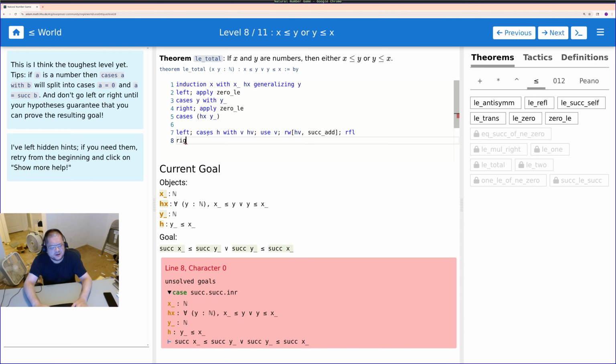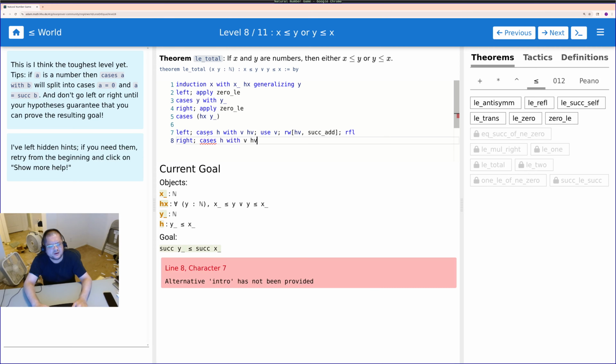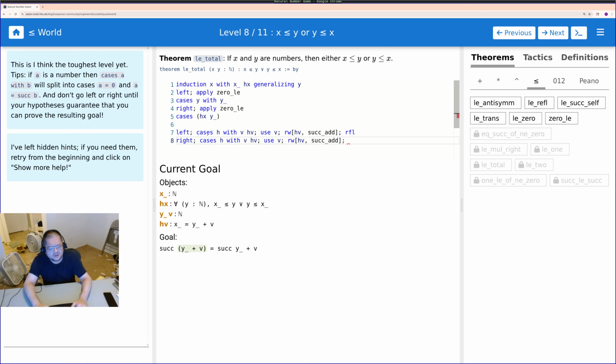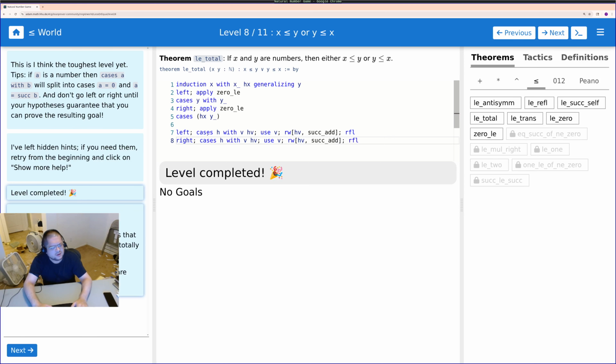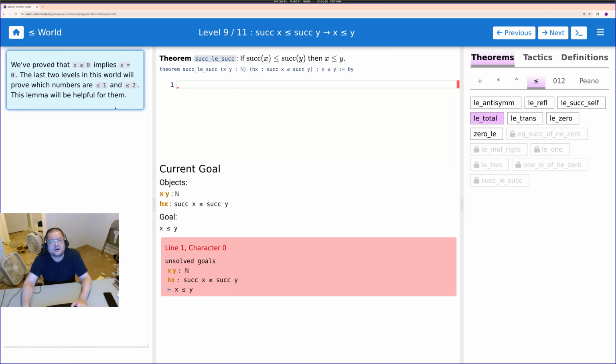Right, I think we do the same thing here. We go right, and in case this h was hv, use v, rewrite hv. Okay, that's it. Successor x less than equal to successor y, x less than equal to y.